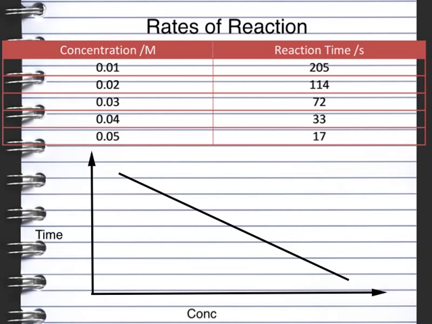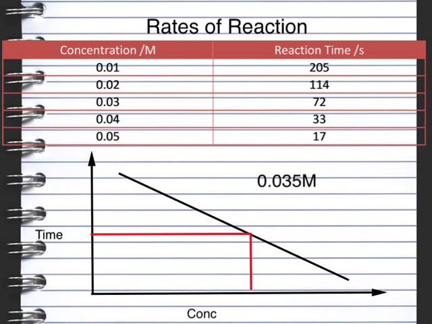Now we then have to use this data to find out, for example, what the result might be for a concentration of 0.03 m. Now obviously the value is between this value here and this value here, so what we would do is we would find where it is, and we go up and we'd use the graph. Now I've not drawn that very carefully, so let's just adjust that to here, and that would give us a time.